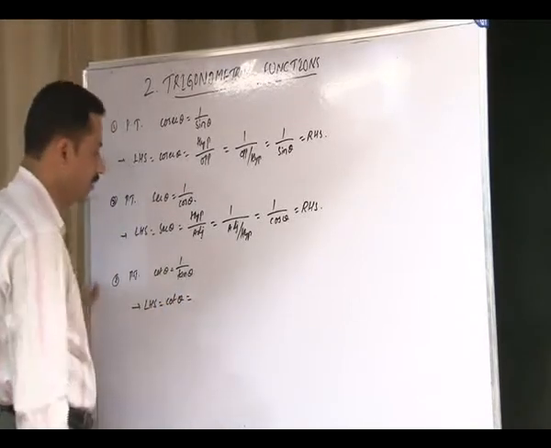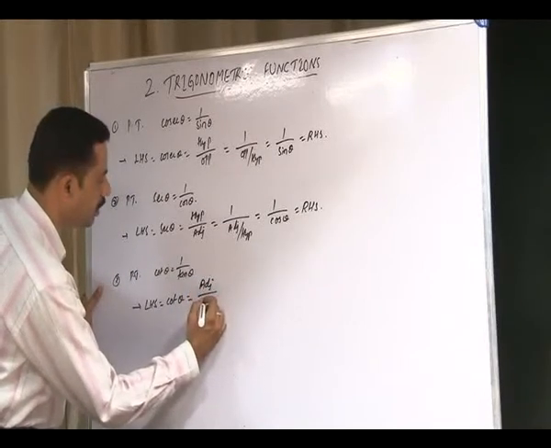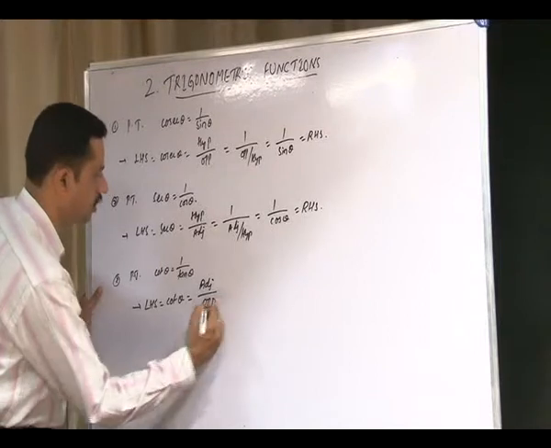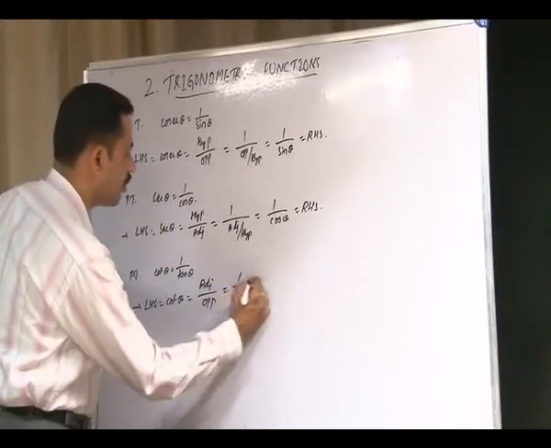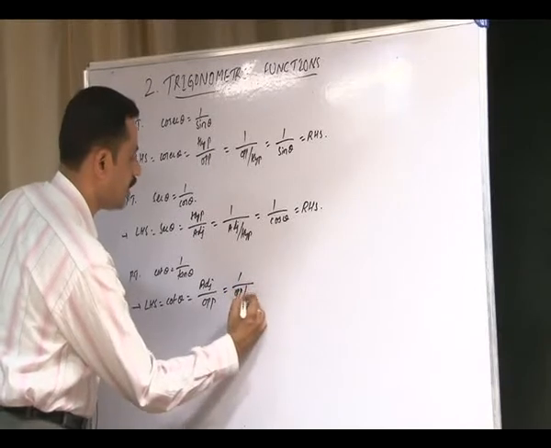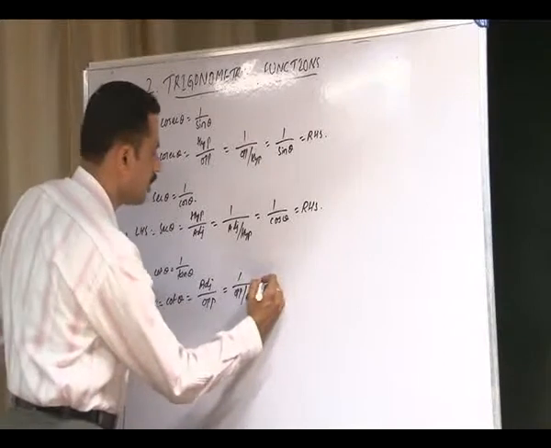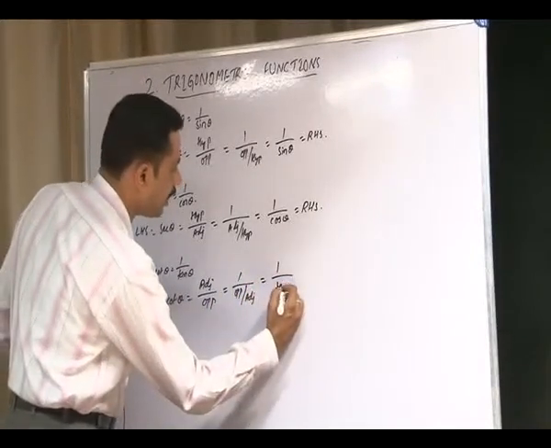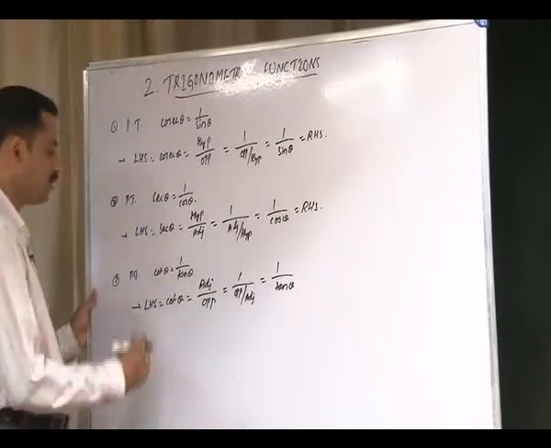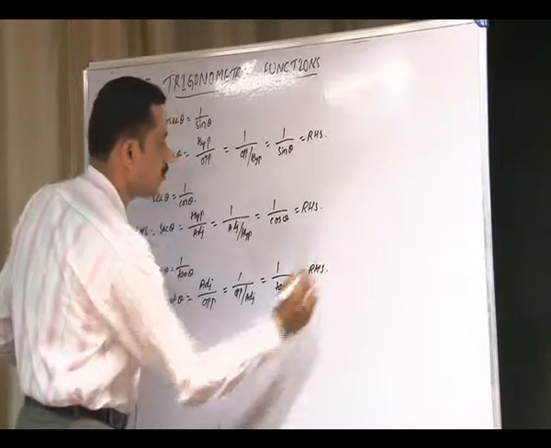Cot theta is defined as the ratio of adjacent side divided by opposite side, and that can be written as 1 over opposite side divided by adjacent side, that is equal to 1 over opposite side by adjacent side, which is nothing but tan theta by definition. Therefore, cot theta is equal to 1 by tan theta, that is right hand side.